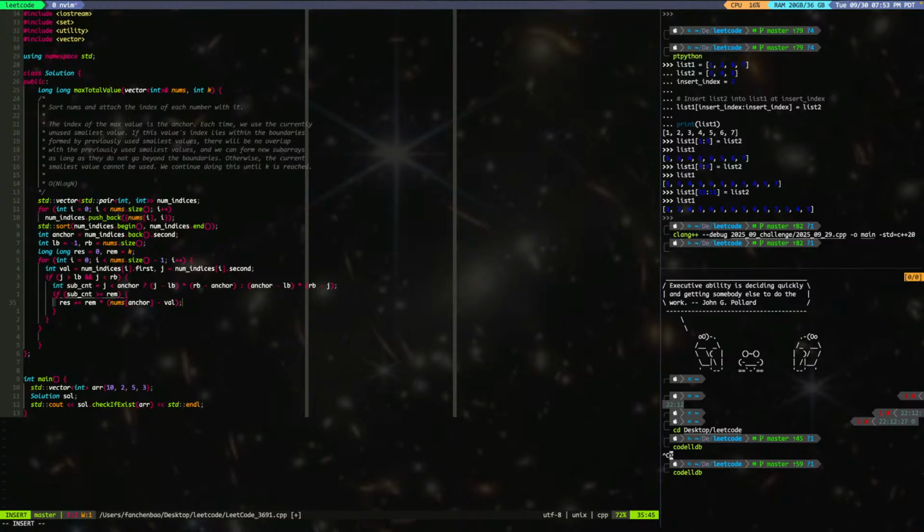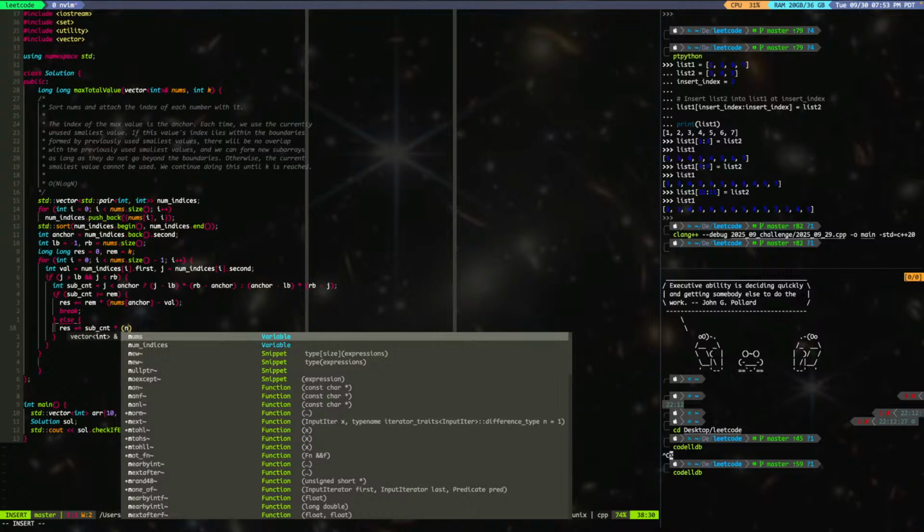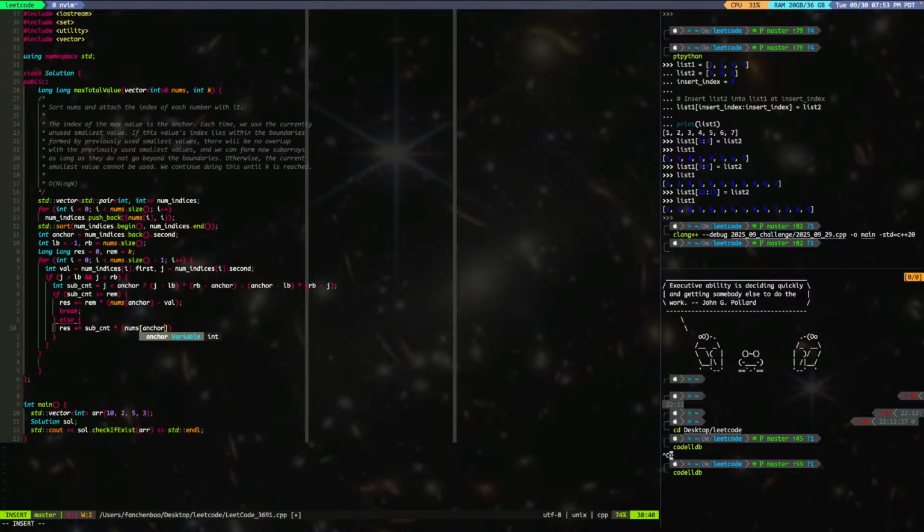Res will do that and I'll break, right? Else res plus equal to subcount times nums anchor minus val, and then remaining minus equal to subcount. Then we'll continue.